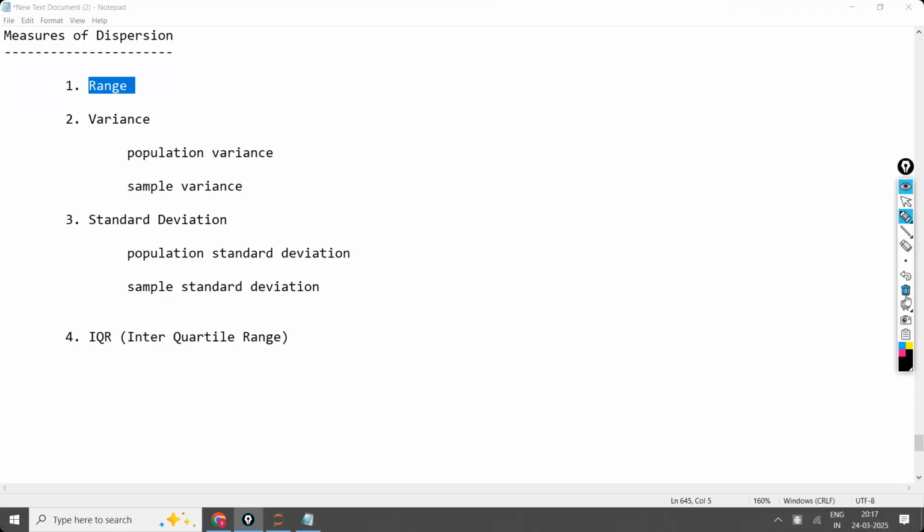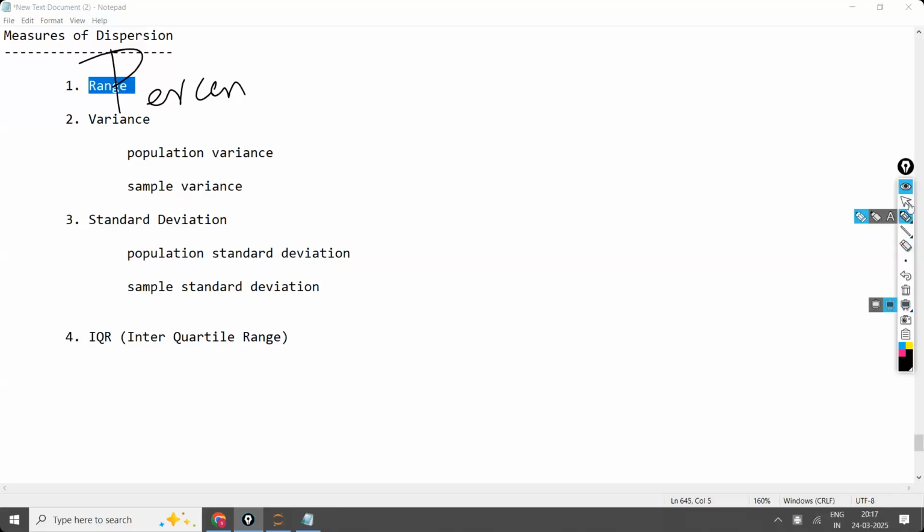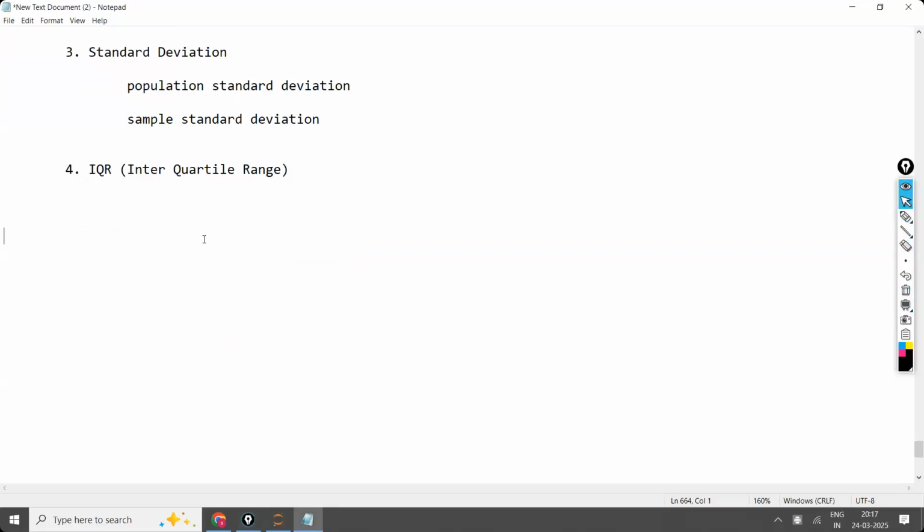Now let's understand the first one, percentile. Write this clearly in your notes, because many students get confused. What is meant by percentile?